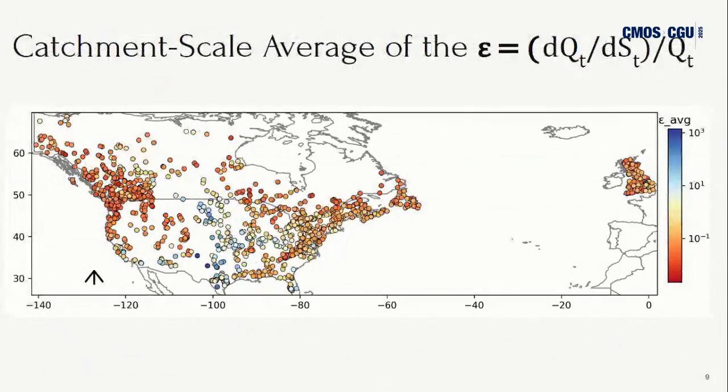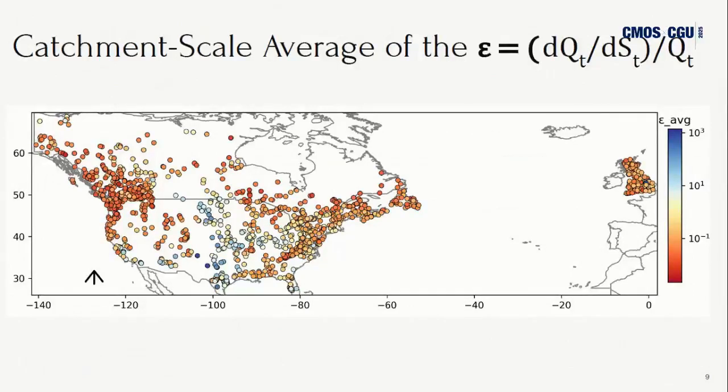On this slide, you can see the average epsilon for each catchment across all flow regimes, so one value for each catchment as an average. What we see in this slide is that there exists a spatial pattern across different catchments.